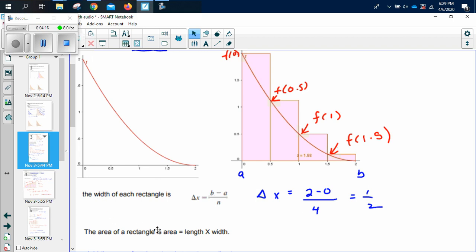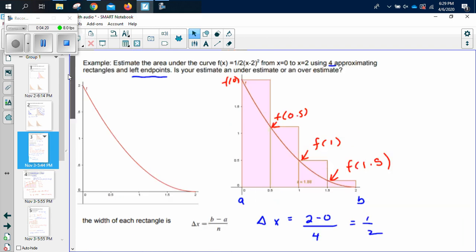Now the area of the rectangle is length times width. Now it said, and this is important, it said to use left endpoints. So that means if you think about each subinterval, this one goes from 0 to 1/2, because I'm adding delta x each time. This one goes from 1/2 to 1, from 1 to 1.5, and from 1.5 to 2.